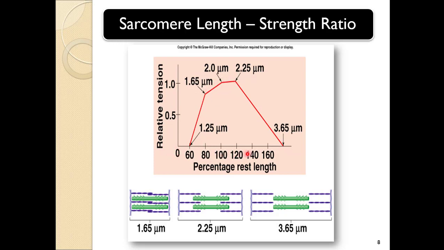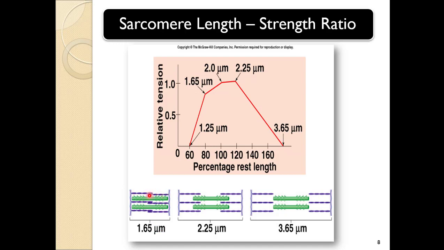And this is showing the percentage length of the sarcomeres in the muscle. Remember that somewhere between 80 and 120% is where we get our maximum contraction. So let's take a look at what happens when our muscle is fully contracted. In this case, you can see here 1.65 micrometers is the length of the sarcomere when it's fully contracted.